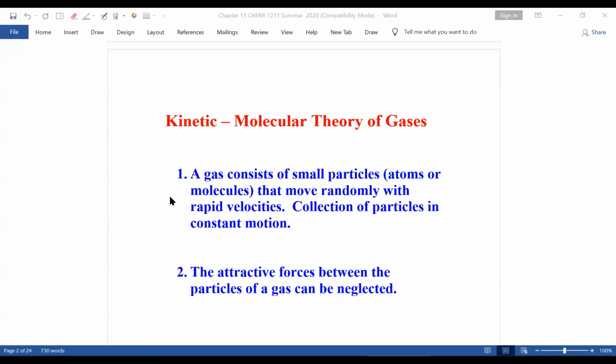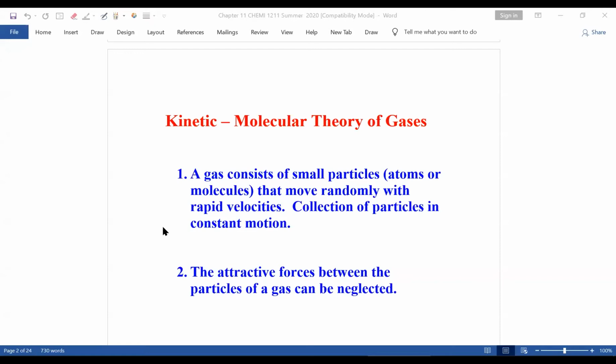Gas consists of small particles, atoms or molecules that are just zooming around, moving randomly with rapid velocities. That means they're moving real fast. And another way of thinking of it is they're a collection of particles in constant motion.